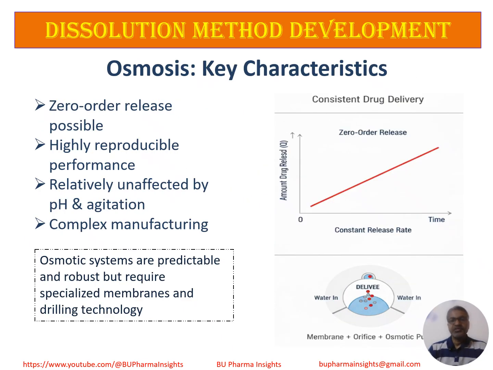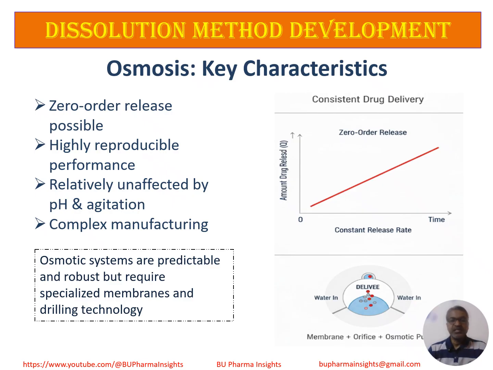Osmotic drug delivery systems offer major advantages for IVIVC development and regulatory confidence. They can achieve near zero order release with highly reproducible performance that is largely unaffected by pH, agitation, and GI variability. This predictability comes at a cost.